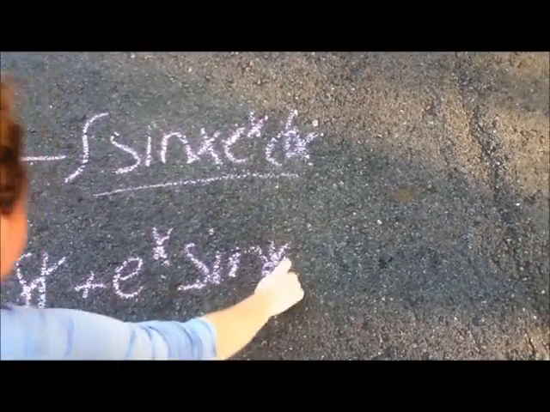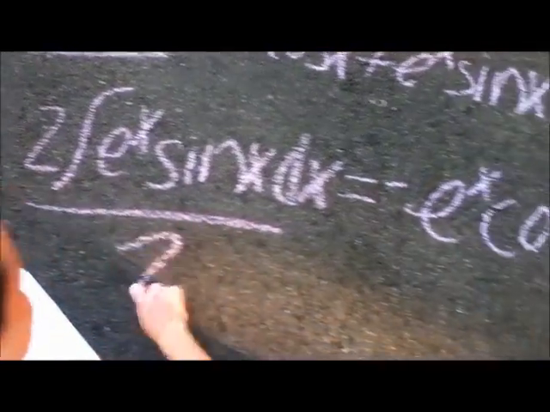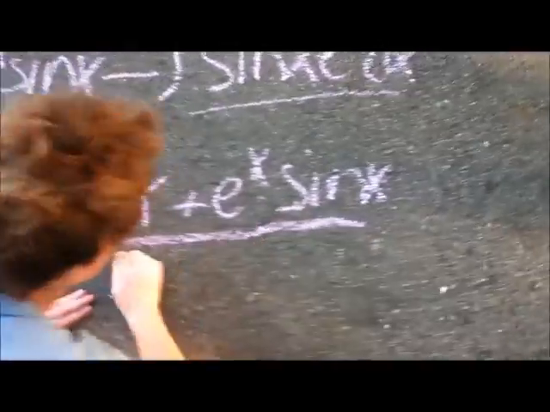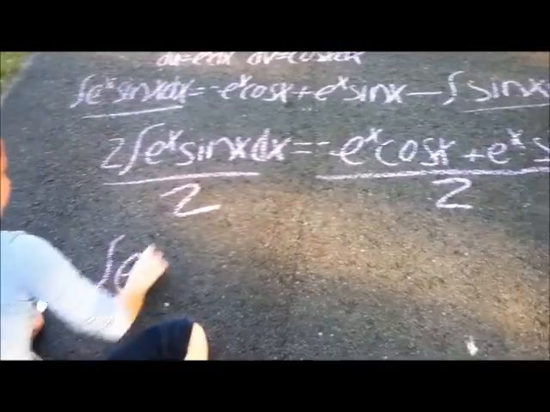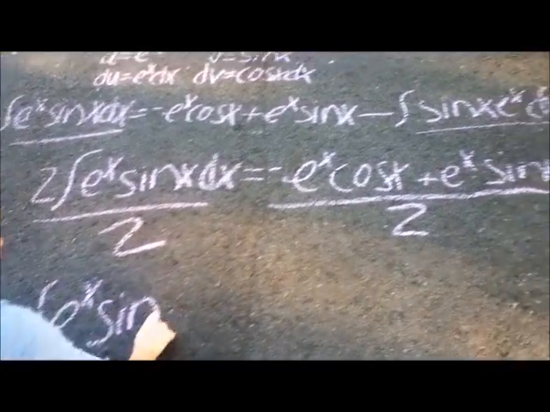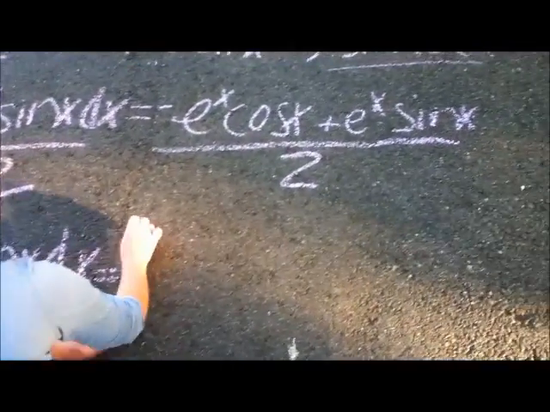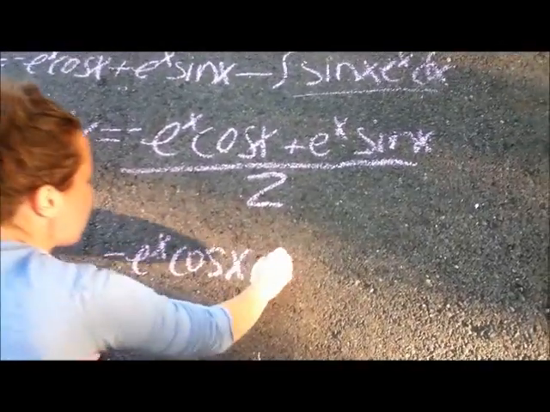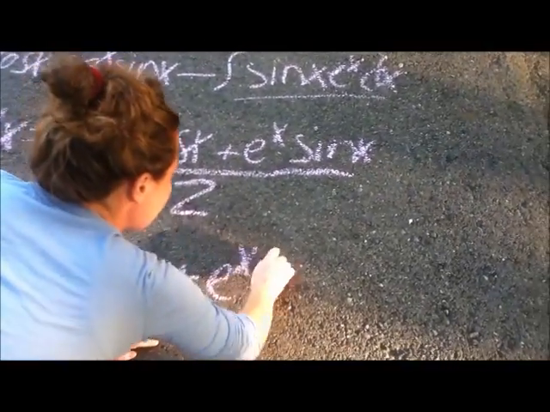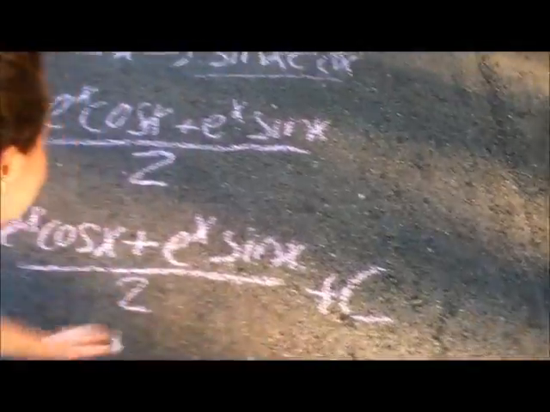Now to get rid of the 2 and get the integral by itself, you're going to divide both sides by 2. So the integral we started with, the integral of e to the x sine of x dx, equals the whole quantity negative e to the x cosine x plus e to the x sine of x, divided by 2, plus c.